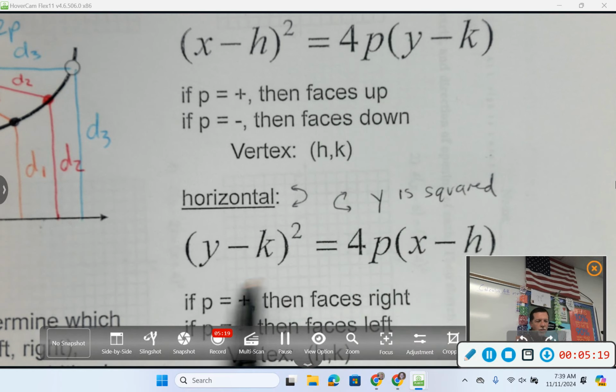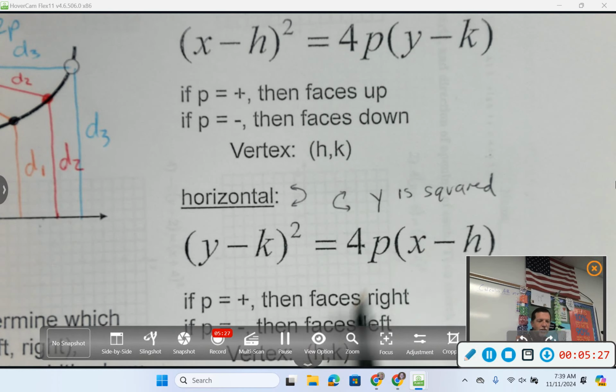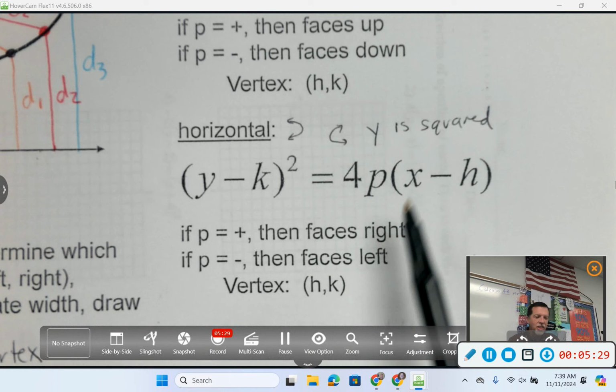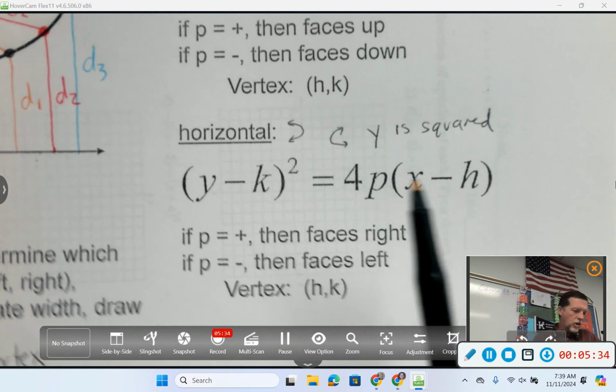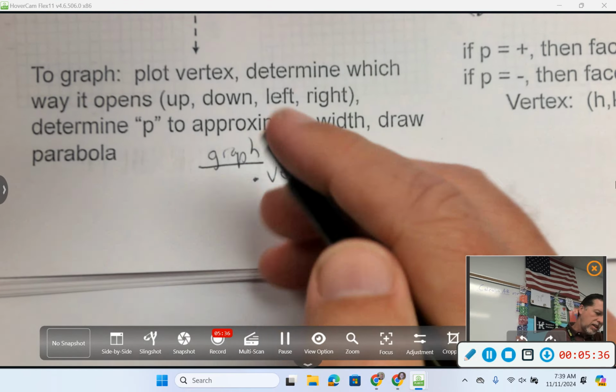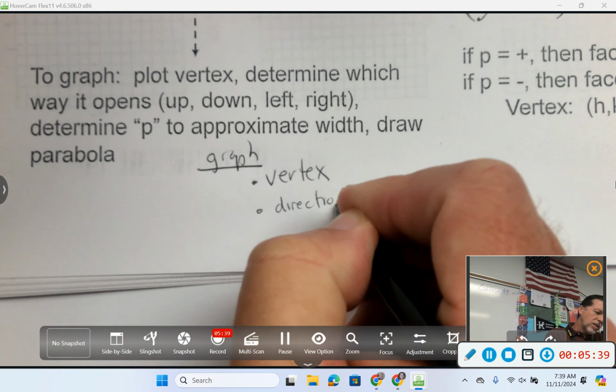On the y one, sometimes people get it backwards because they just put them in order instead of thinking about it. h is still with x, k is still with y. So be careful. It's still h, k. It's still the thing with x, comma the thing with y. So start with the vertex. Then worry about direction.